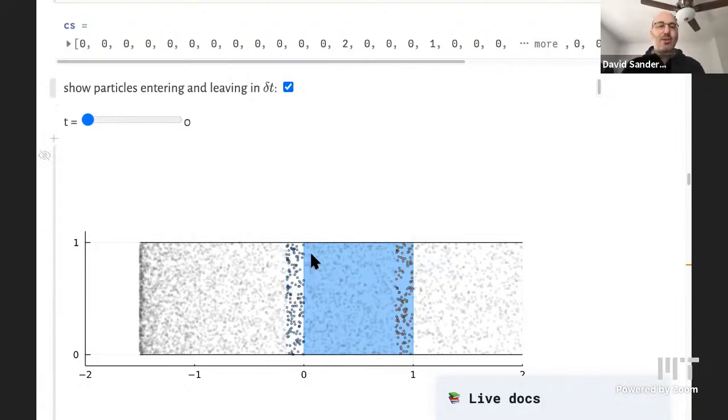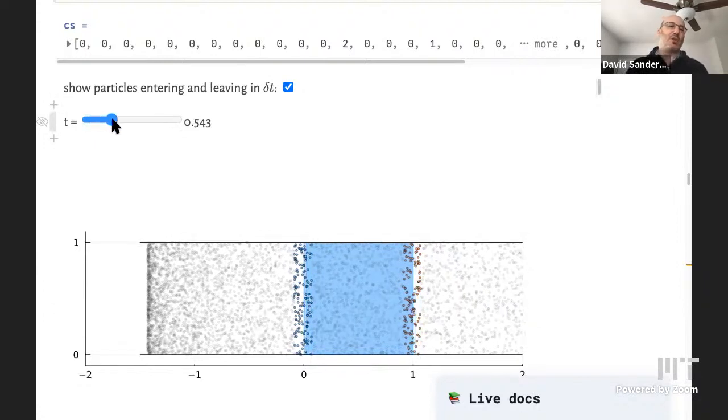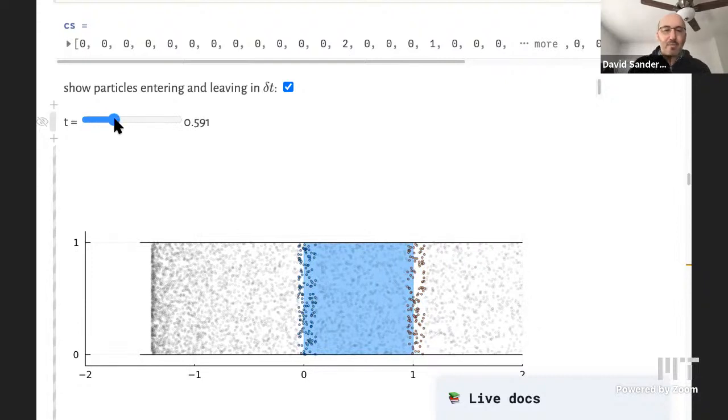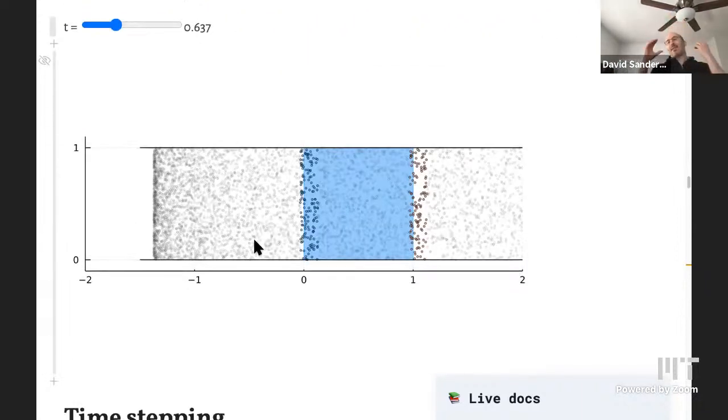So let's color those in a different color, and we'll see that for some particular time step, delta t, and depending on the velocity, this proportion of particles, exactly those particles which are closest to the boundary, are the ones that will cross over in that particular amount of time. And these red ones over here are the ones that will leave the cell in that amount of time. And so that's just a little visualization to motivate writing down some equations that say the same thing.